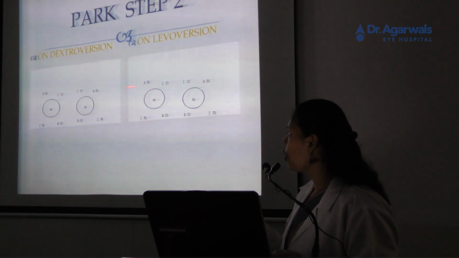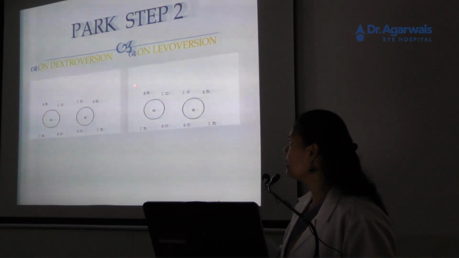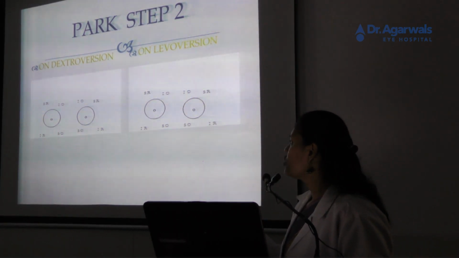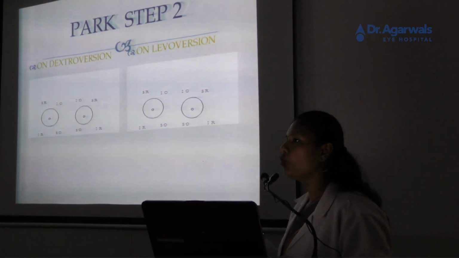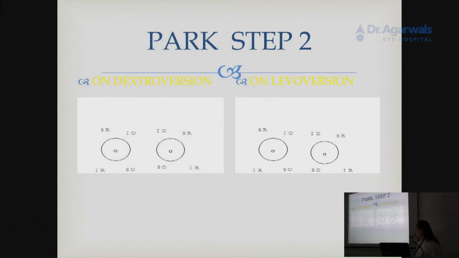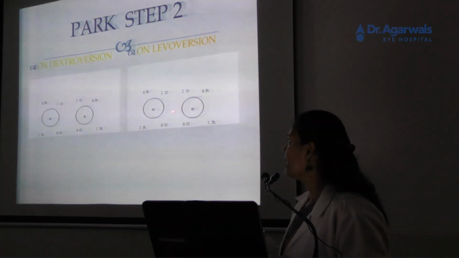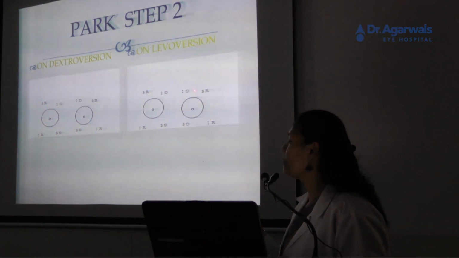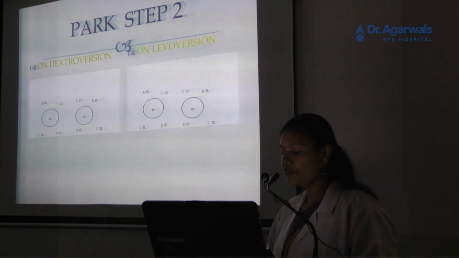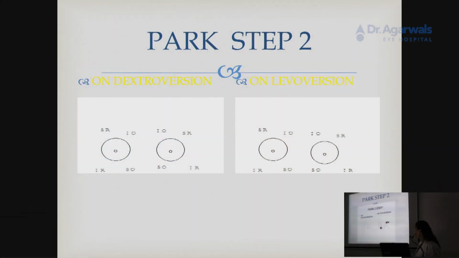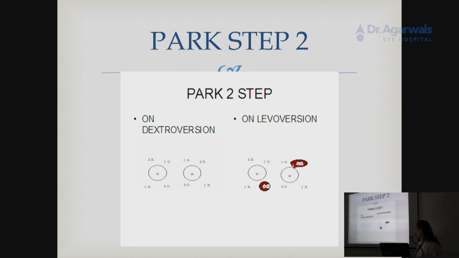In this case, on levoversion there is a R over L. So when it is adducted, the oblique is at fault, correct? So when this eye is adducted, either the superior oblique is at fault, and when this is abducted, either the superior rectus is at fault. So from 4 muscles we are cutting down to 2 muscles, either the superior oblique or the superior rectus.